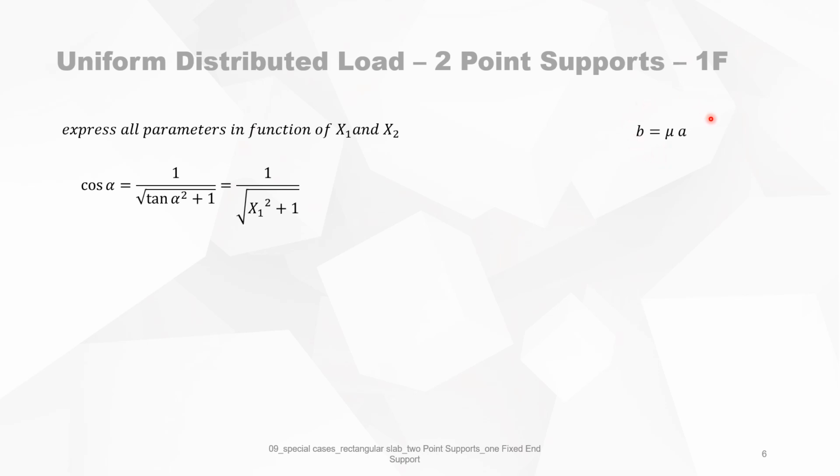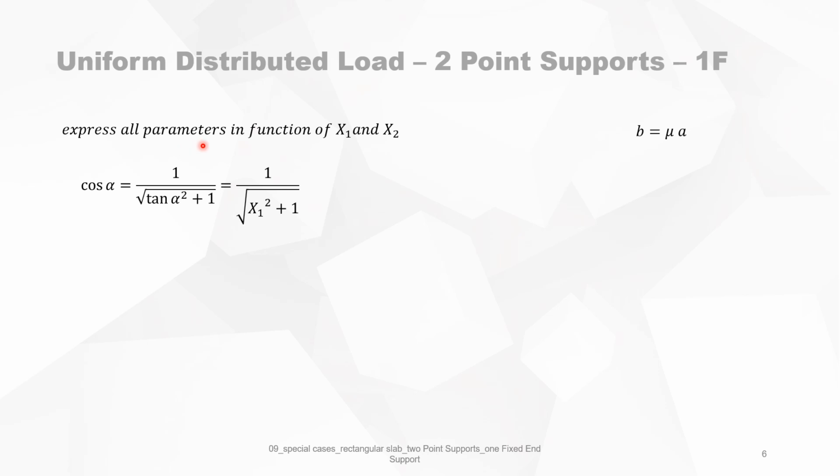We have a geometric parameter that we call mu, where b equals mu times a. This is so that you can use the different formulas for different shapes of rectangular slabs. But mu is not playing a role in the maximization of the function. Don't forget that.